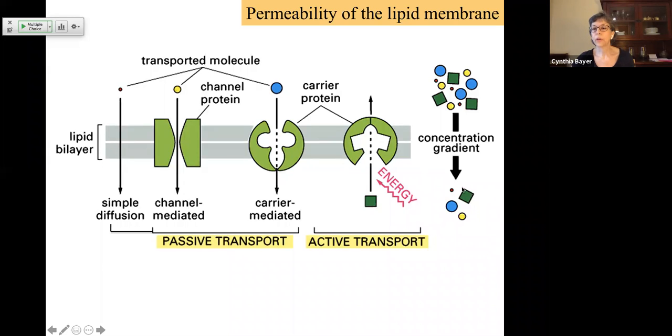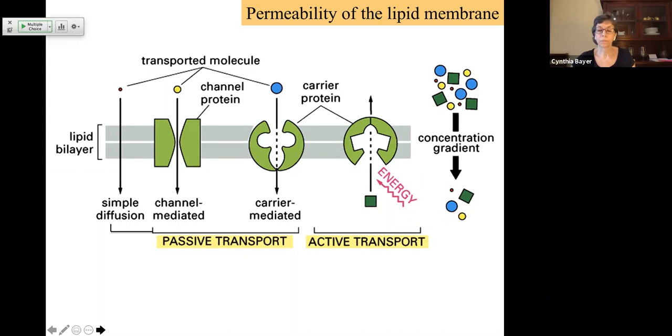And then if we look at our green square, that green square can be pushed across from the region of low concentration to high concentration. That requires energy. That can be pushed across by a special type of carrier protein. It binds to it specifically, but it's moving against its concentration gradient, right? So we call that type of transport active transport.